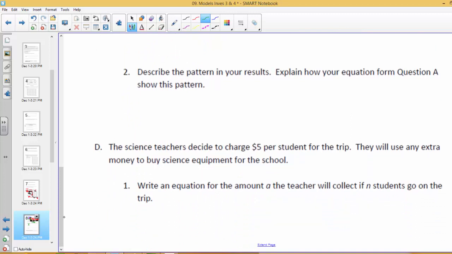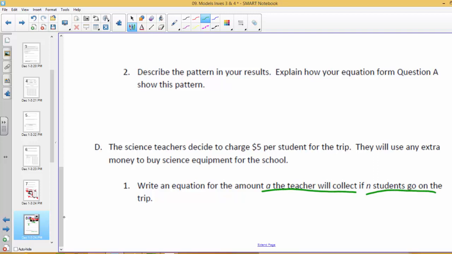So we're on to a totally different question. It says the science teachers decide to charge $5 per student for the trip. They'll use any extra money to buy science equipment for the school. So your equation is going to be the amount the teacher will collect and the students that go on the trip.